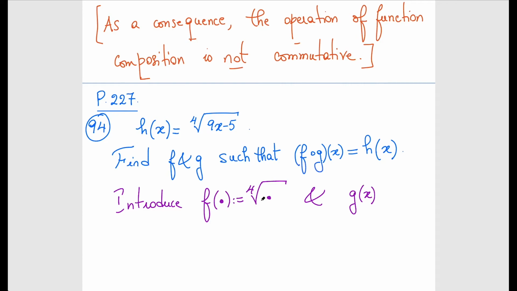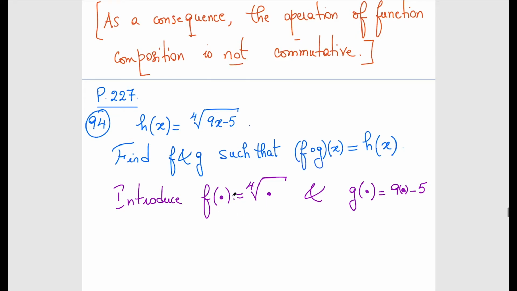So this better be the input in the function f to produce the same result as h. So 9x minus 5. And again, if you're not comfortable with the choice of x, go for bullet. Okay. All right. So what's g of x is 9 times x minus 5. And what's f of x is the fourth root of x. So in words, f of the input is the fourth root of the input, and g of the input is 9 times the input minus 5.